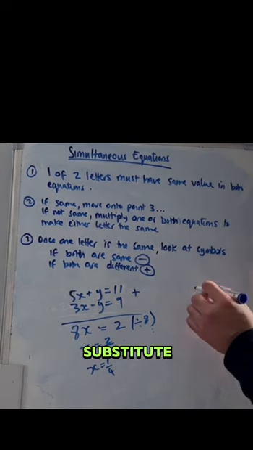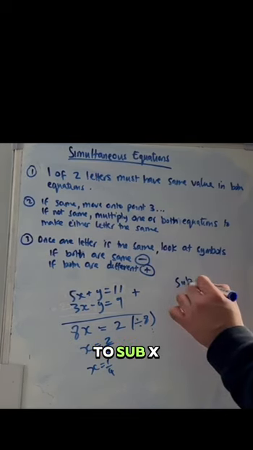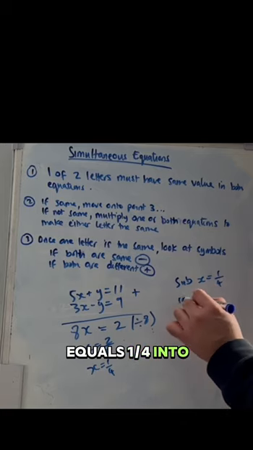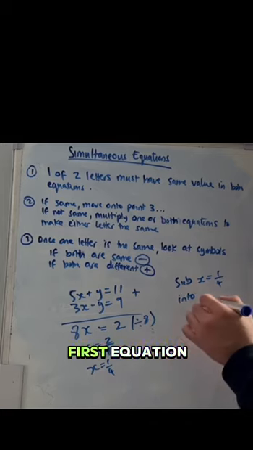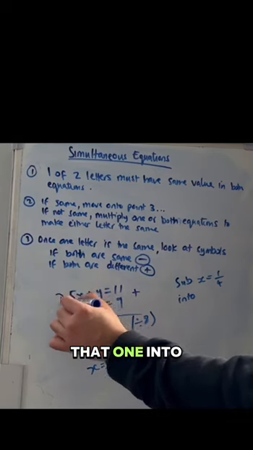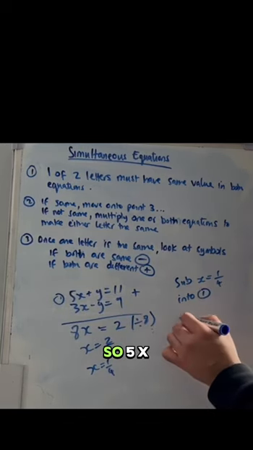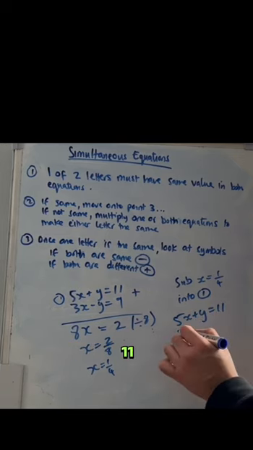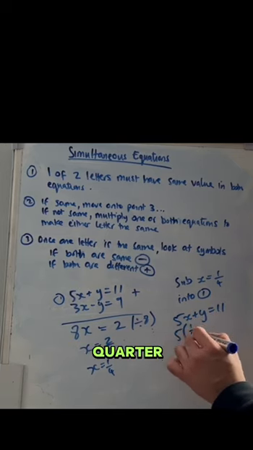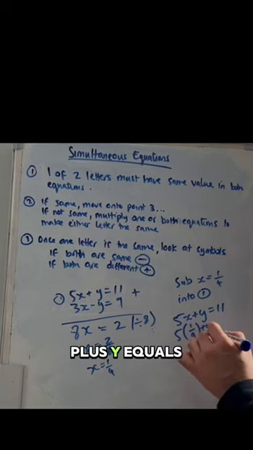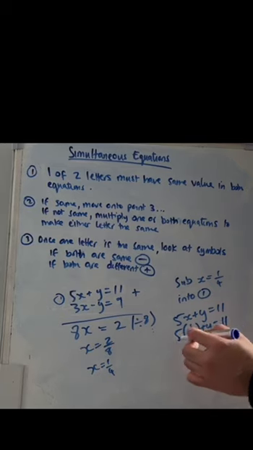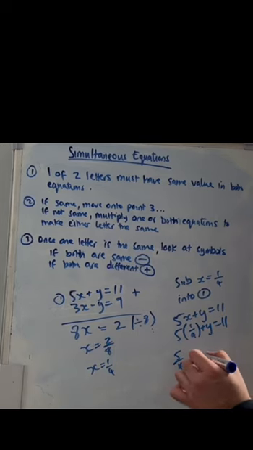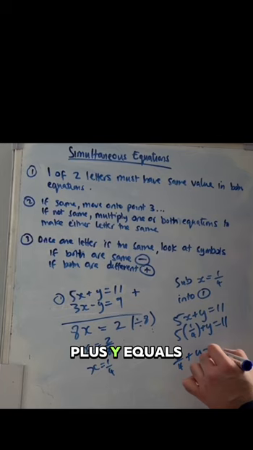Now I'm going to substitute x equals a quarter into the first equation, 5x plus y equals 11. 5 times a quarter is 5 over 4, plus y equals 11.